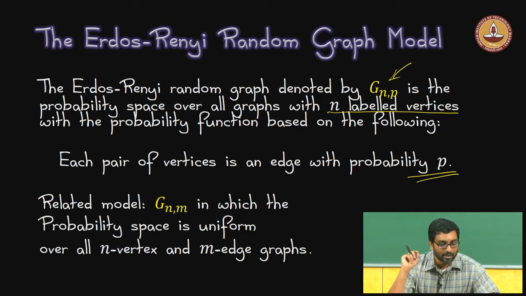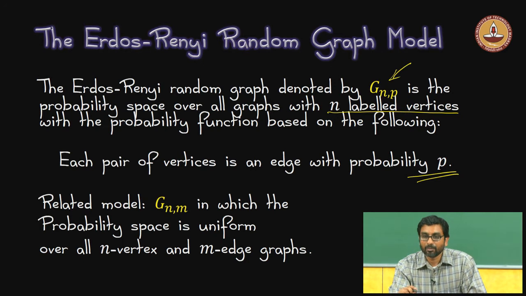Actually, closer to what Erdős and Rényi originally defined is the notion called G(n,m). These two are very closely related. G(n,m) is again a probability space over all n-vertex graphs, but now you choose m edges uniformly at random from all n choose 2 possible edges.